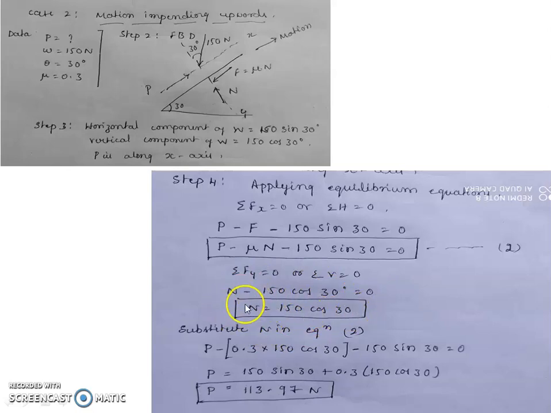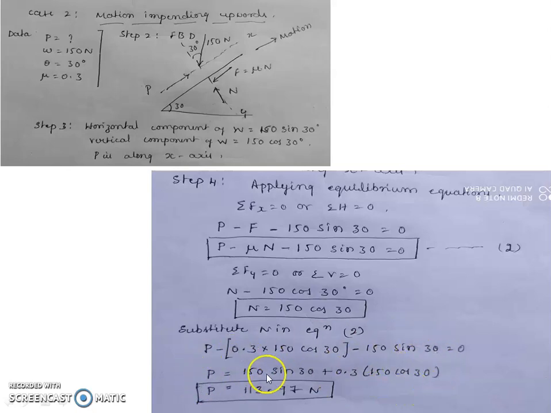I will substitute this N in equation 2. You will see then the equation becomes P minus mu, given as 0.3, multiplied by N. N is given as 150 cos 30, and this is 150 sin 30 is equal to 0. Then the equation simplifies like this.